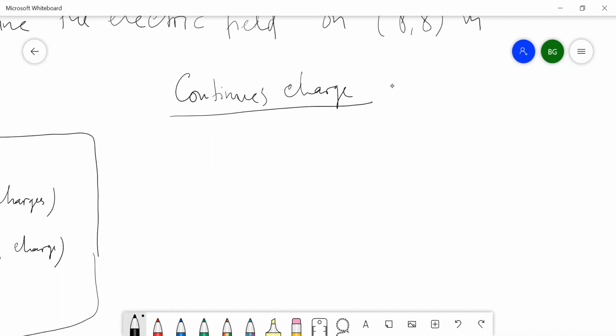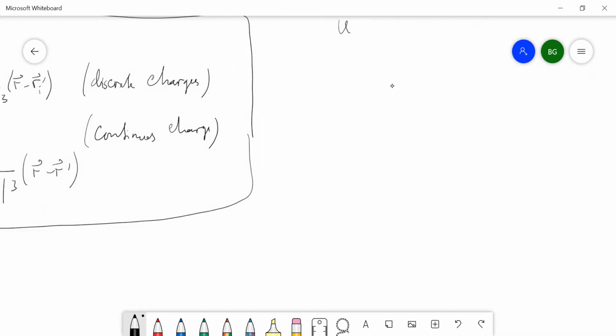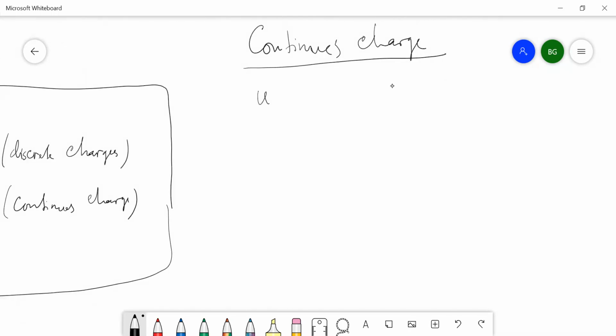Before we discuss it, as I said yesterday, the electric field of the continuous charge is k integral dq over |r minus r prime| cubed, times the vector for the direction.